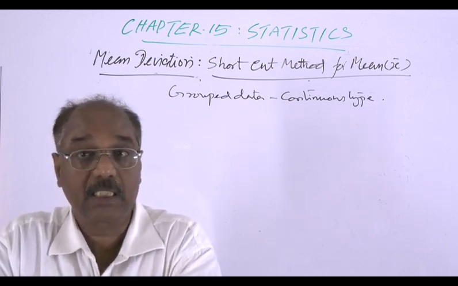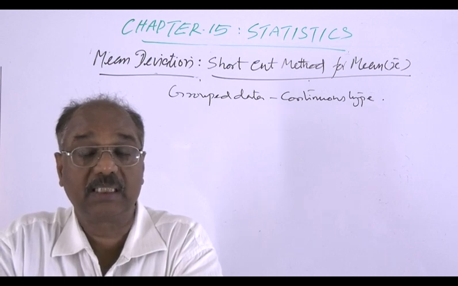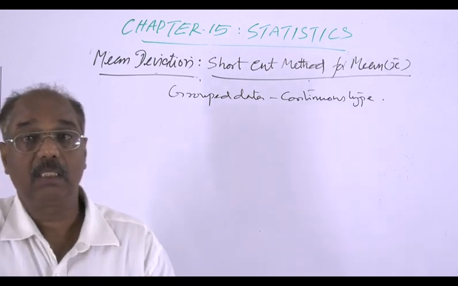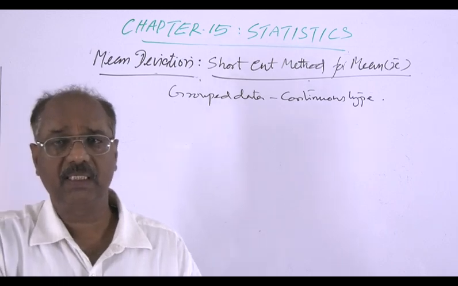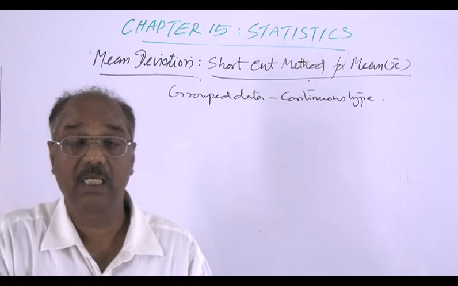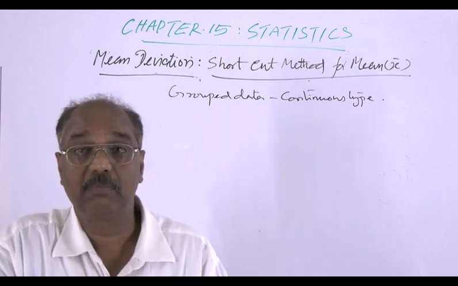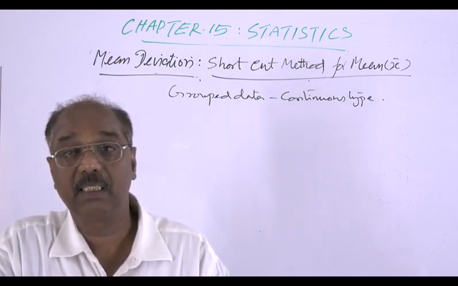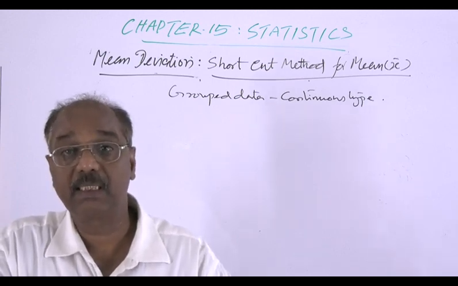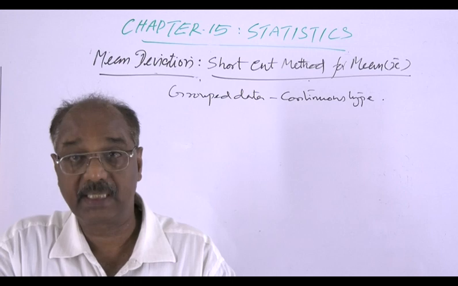We find the class marks x1, x2, x3, etc., xn. In the usual way, we find the mean of these class marks as x bar equal to sigma fi xi by sigma fi. But in the shortcut method, we make a transformation.